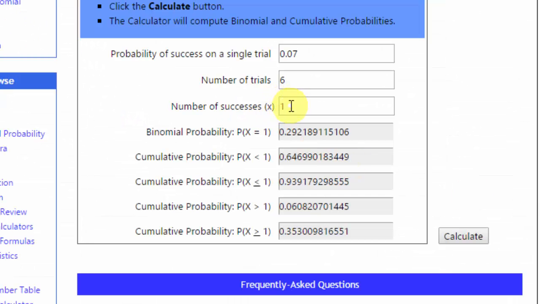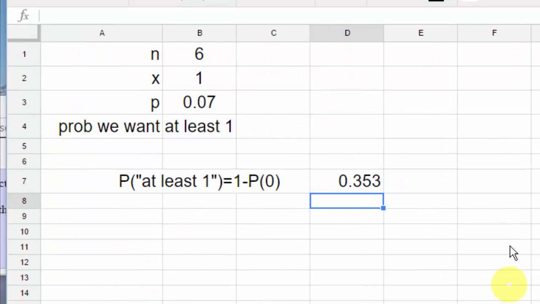However, we could also change the number of successes to 0. And now when we hit calculate, the number that we want is actually this one. It's 0.647, right? That's the probability of 0.